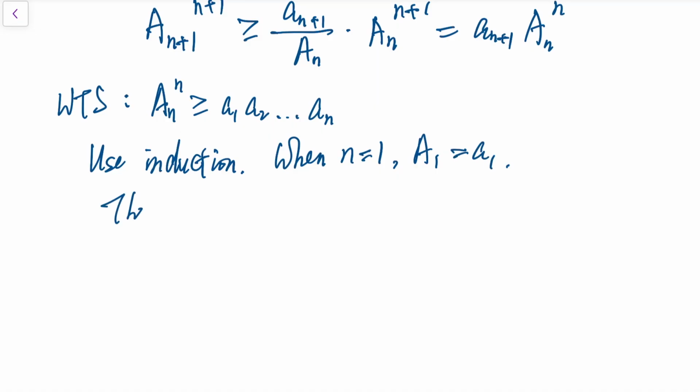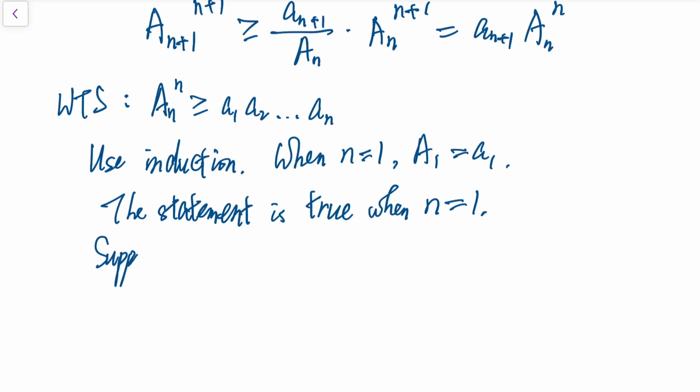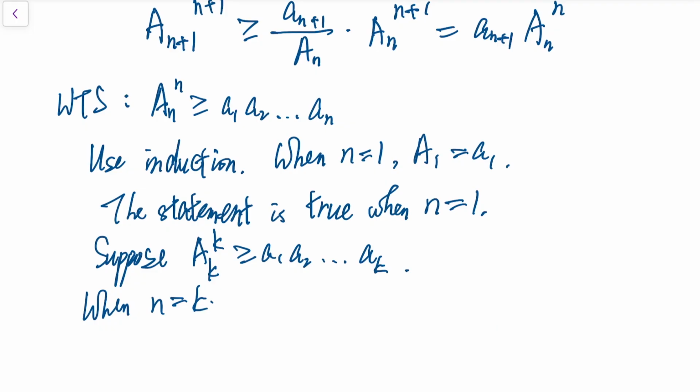So the statement is true when n is equal to 1. Suppose the statement is true when n is equal to k for some positive integer k. That means Ak to the power k is greater than or equal to a1 times a2 times ... times ak.